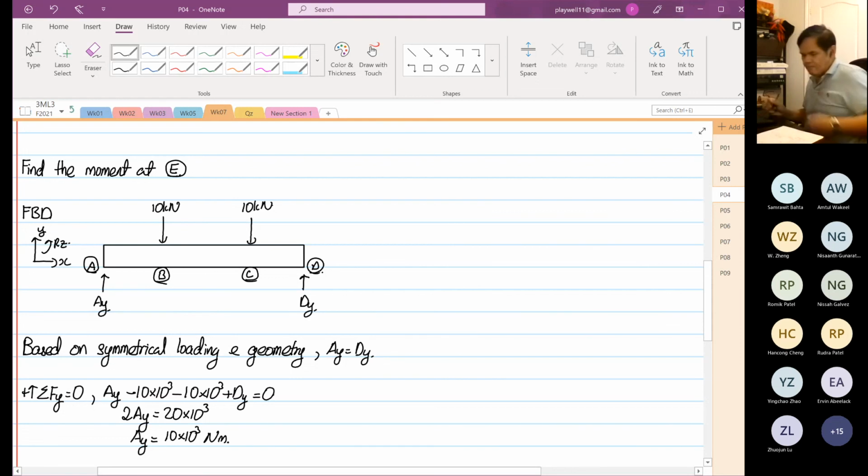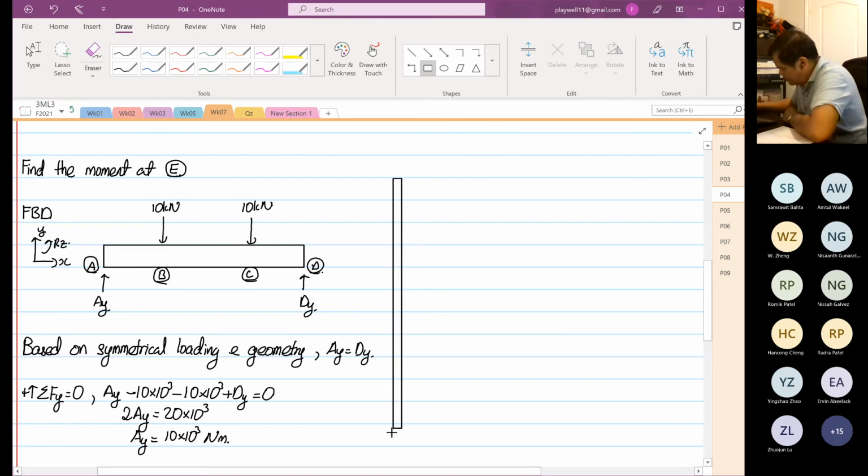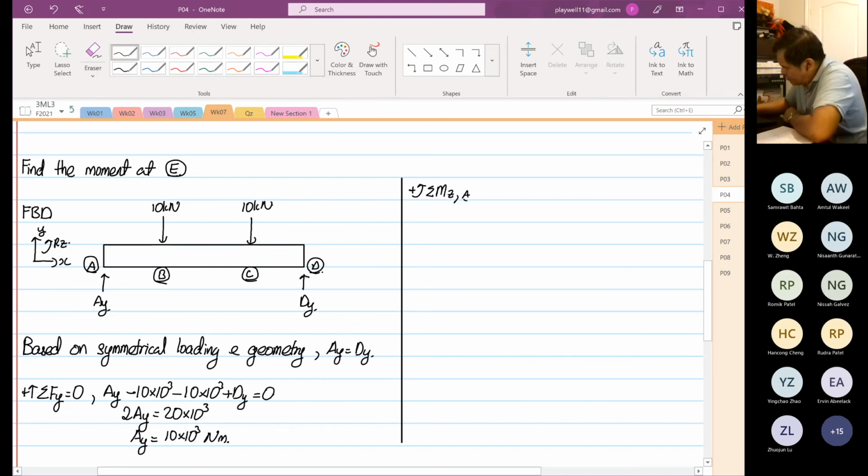You can write that out. If you don't know, I'm going to show alternate method number 2. It's just a bit longer, it's fine as long as you are comfortable. You can take your moment in the z. I'm going to take moment about point A equal to 0.